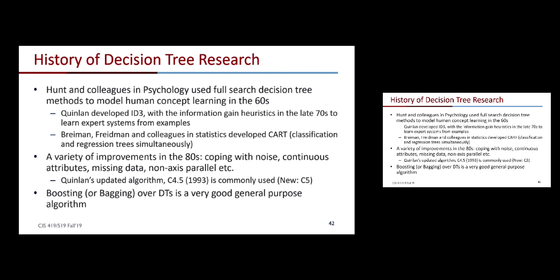Breiman and Friedman and colleagues wrote a book that is called CART. I think it was in the 80s or 90s. CART for classification and regression trees. And they developed variations of this algorithm, but this is actually the algorithm that caught on. Quinlan developed a series of improvements of this, C4.5, C5.0 now, I think.